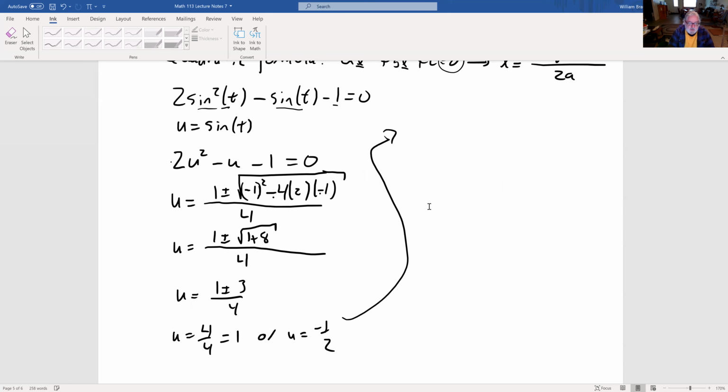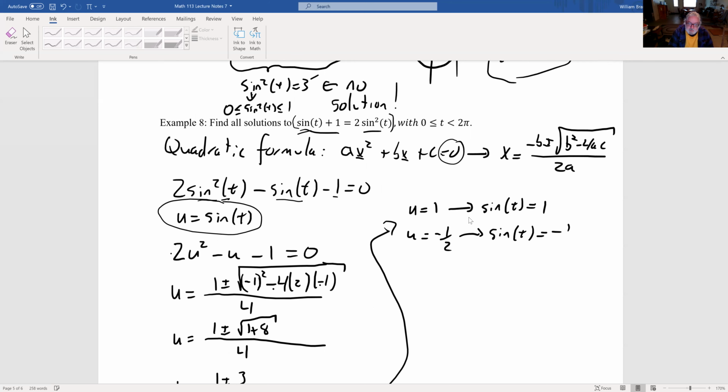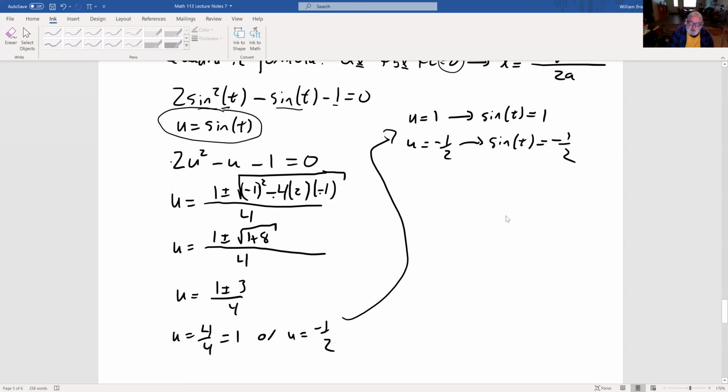And then we'll go back up here. What is u equal to? U is equal to sine t. So u equals 1. If we substitute back in, we get sine t equals 1. U equals minus 1/2. If we substitute back in for u, we get sine t equals minus 1/2. And we can solve these. I think sine t equals minus 1/2 we've already solved, at least once.